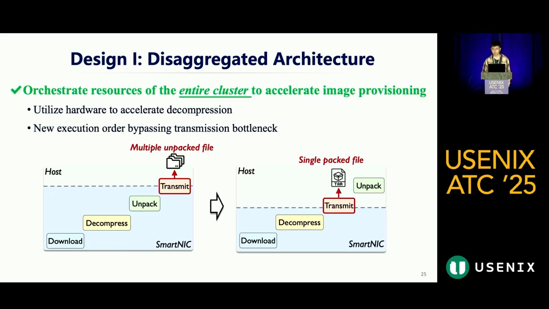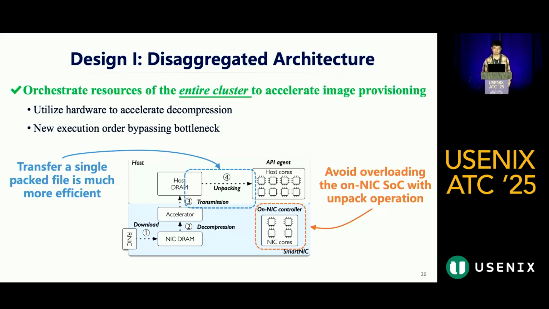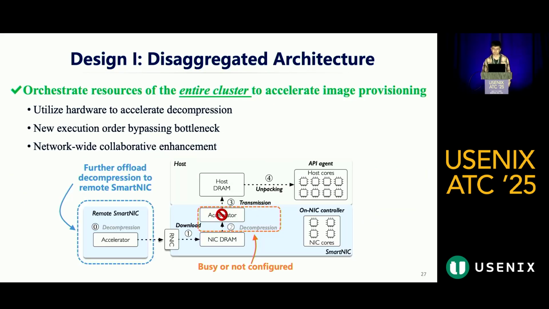The new execution order avoids transferring unpacked files from the NIC to the host after unpacking, significantly reducing the data transfer overhead. As illustrated in the hardware architecture diagram, our redesigned workflow requires only one single cross-device data transfer and avoids overloading the on-NIC SoC with unpack operations.